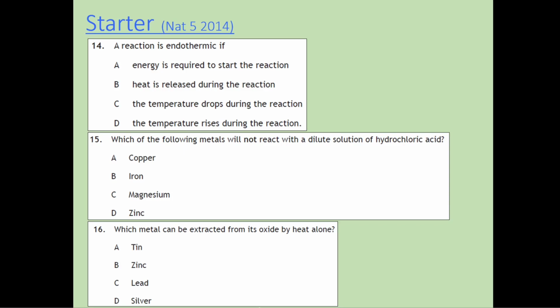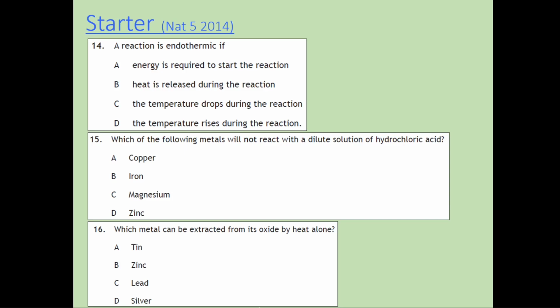And finally, question 16, which metal can be extracted from its oxide or its ore by heat alone? The least reactive metals are the easiest to extract and only require heat to extract them. We've got three extraction methods. We can heat it up, which is the easiest way. We can heat up with carbon powder, or we can use electrolysis.